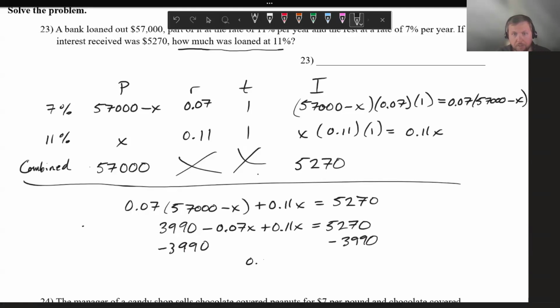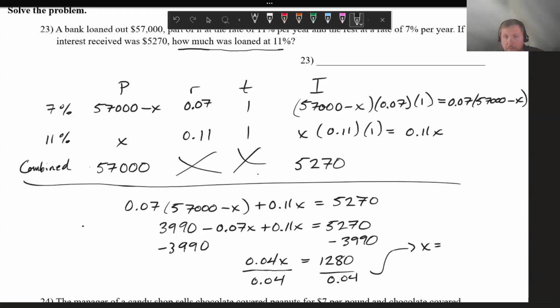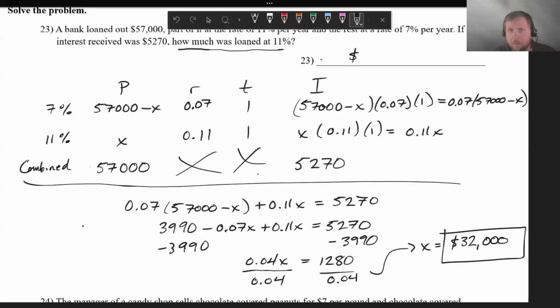So I get 0.04 times x is equal to 1,280. And last, I'm going to divide both sides by the 0.04. And I end up with $32,000. So I'll just go ahead and slap the dollar sign on there, make it look nice. Okay. And then make sure to put it in the answer box.